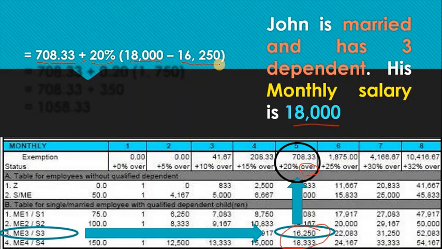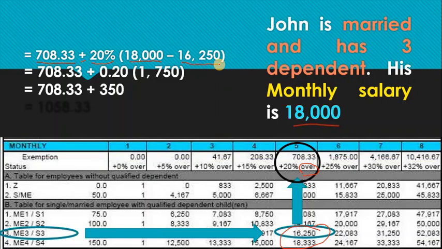Okay, so let's try to compute. Copy 708.83, convert the percent to decimal, 0.20, and the difference between my salary and the highest less than value from the tax table is 1,750. Get that 20% of 1,750, that is 350, plus 708.83, that is 1,058.83.